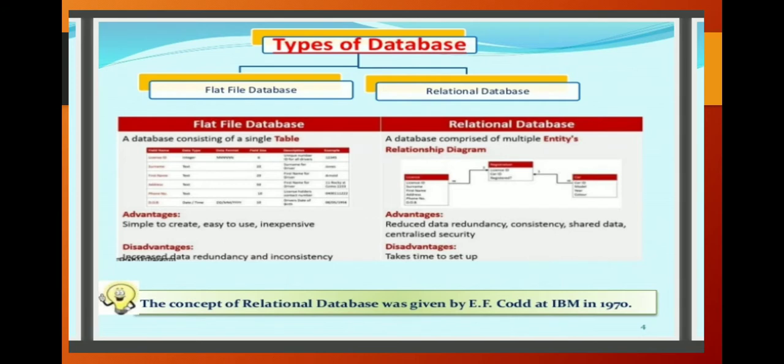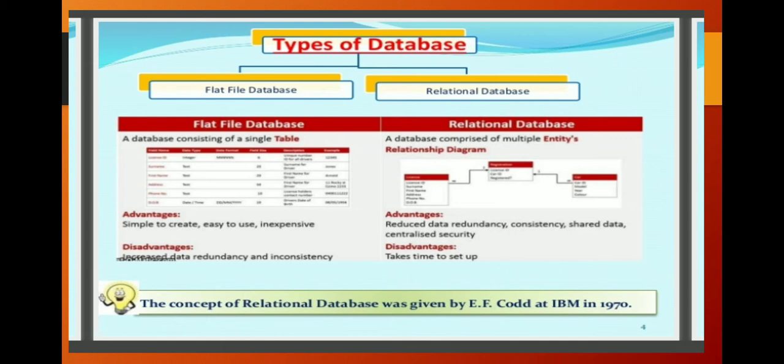Now we will see types of database. How many types are there? So there are two types of database: flat file database and relational database. A flat file database can store and retrieve information. It is not capable of linking the files together, means we cannot link the files together in a flat file database.